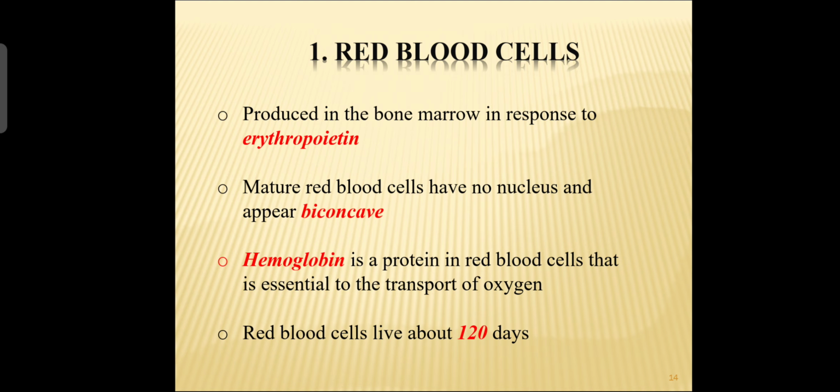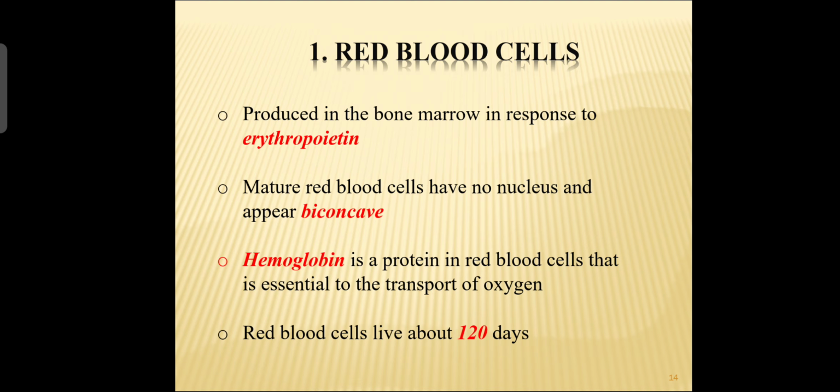So mature RBC has no nucleus, and the shape of mature RBC is biconcave, which provides the advantage that oxygen easily passes through the cell membrane of the RBC. Hemoglobin is a protein in the RBC that is essential to the transport of oxygen.